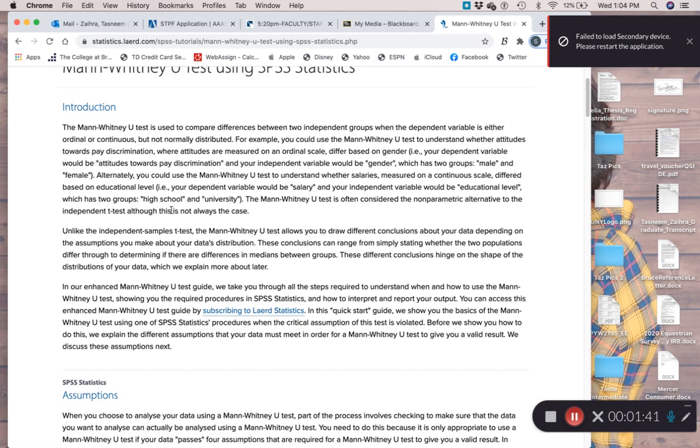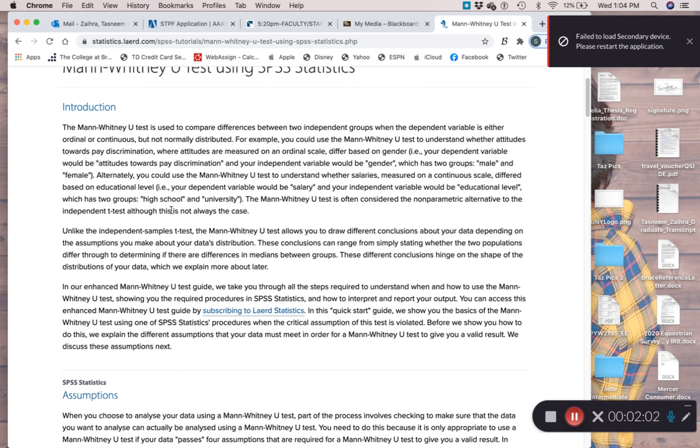Alternatively, you could use the Mann-Whitney U-test to understand whether salaries measured on a continuous scale differed based on educational level. In that situation, your dependent variable would be salary and your independent variable would be educational level, which has two groups, let's say high school and university.